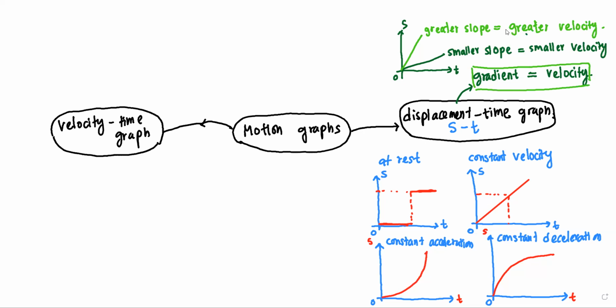Right? The other type of graph is what we call velocity-time graphs. So velocity-time graphs, sometimes we call VT graphs. In a VT graph, there are again some basic shapes that we usually need to know.